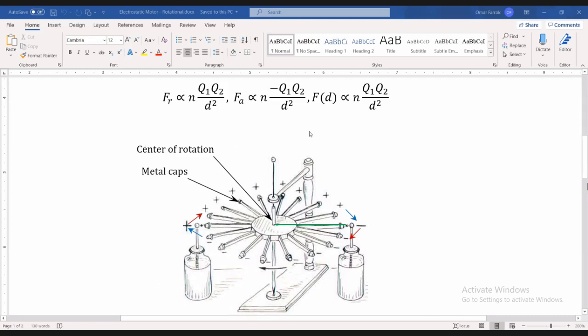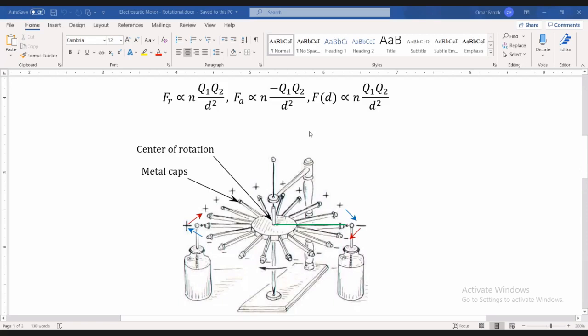So let's get started. Before starting, we would like to start the construction. The elements of the linear electrostatic motor and the rotational electrostatic motor are almost the same. There is no vital difference between the elements. These electrostatic motors do not have any brushes, commutators or slip rings.